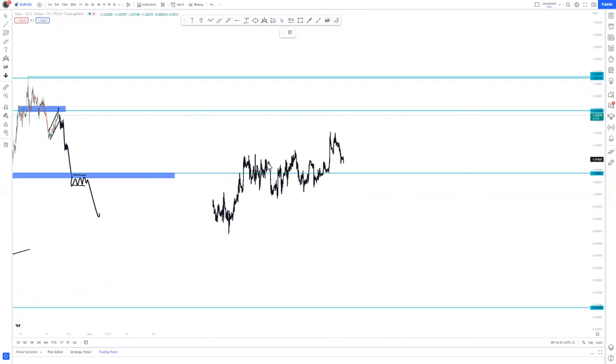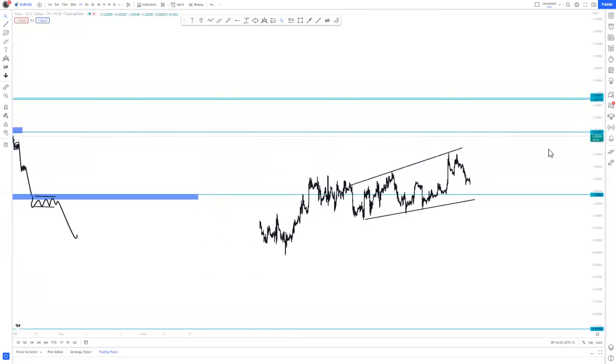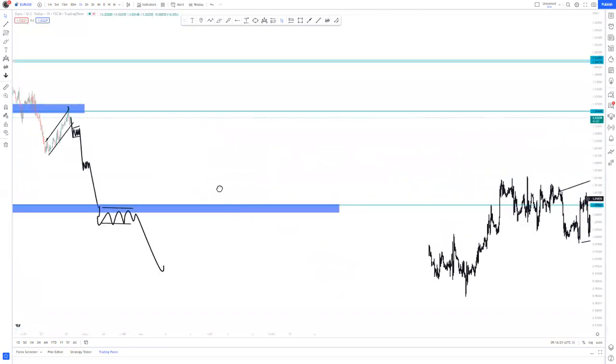Let's say I said we need 3 touches, right? 1, 2, and what? 3. And the third touch. And then again, just to accommodate the lows, I'll have this one.